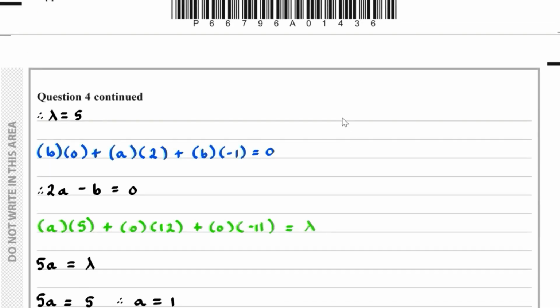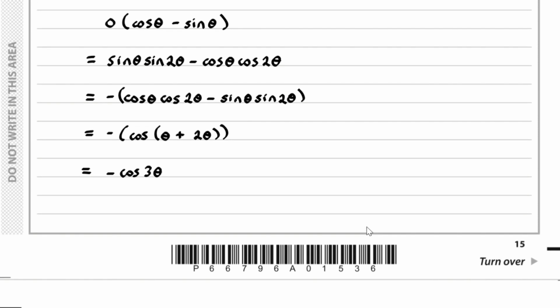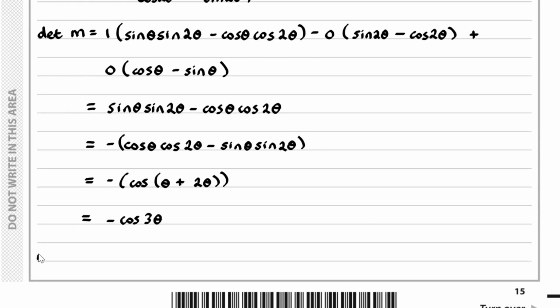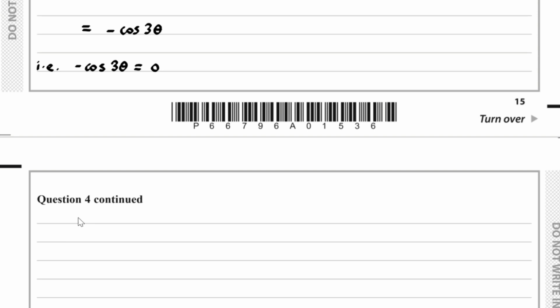And because we know that the determinant is equal to 0, we have minus cos 3 theta equals 0. cos 3 theta is equal to 0.